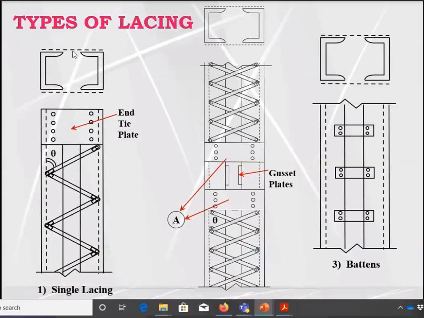Actually, just think that this section is buckling or bending about the y-axis. For example, here we may have the y-axis. Whenever it buckles or bends about the y-axis, you know that whenever a section is subjected to bending, one part of the section will be in tension and the other part in compression.